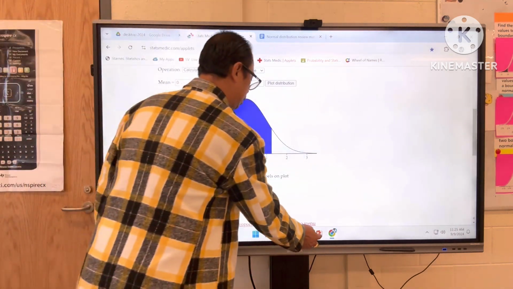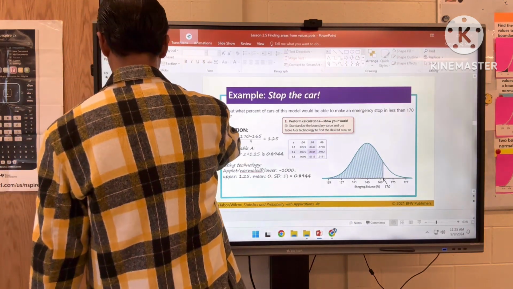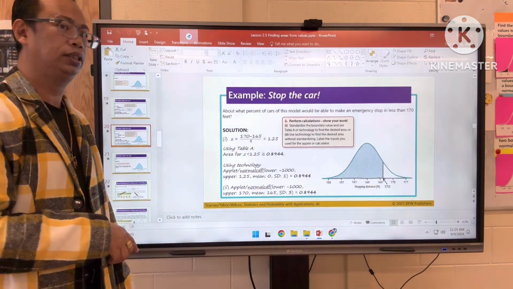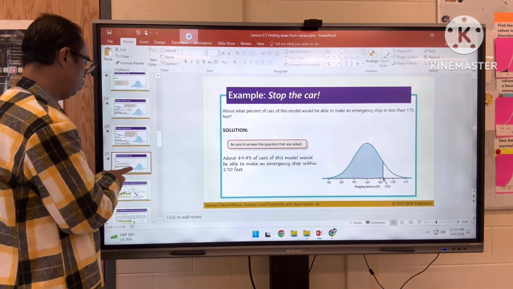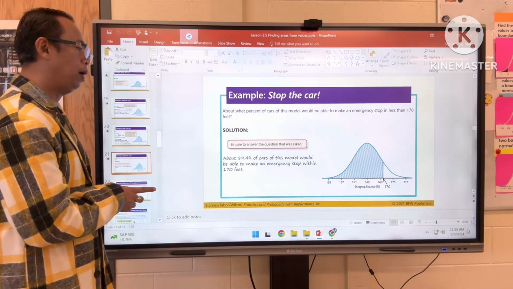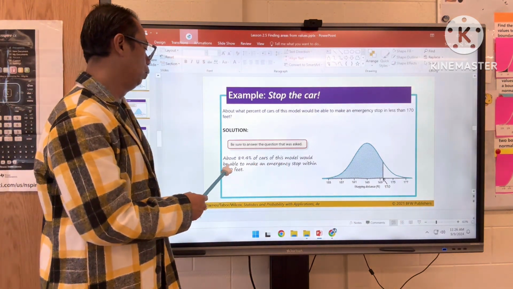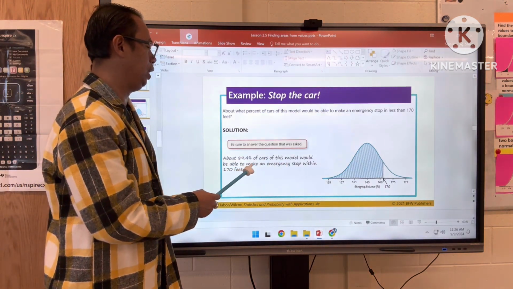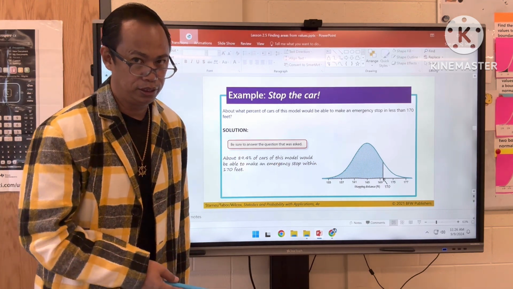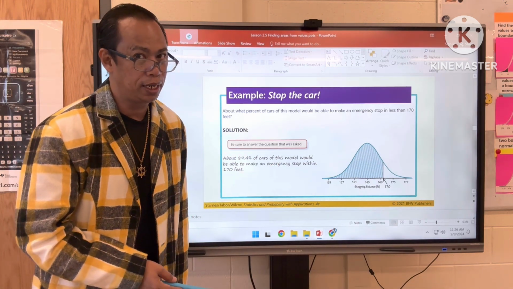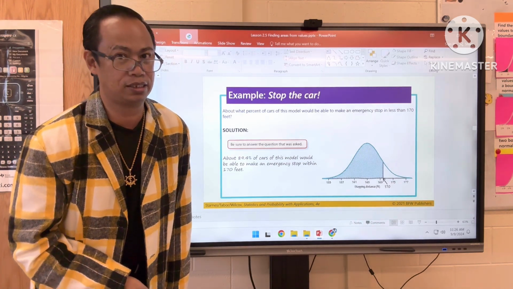Now I think we are done with the question. Is Martha safe or not safe? The answer is about 89.4% of cars of this model would be able to make an emergency stop within 170 feet. So, Martha is within 170 feet. Is she safe? Yes.